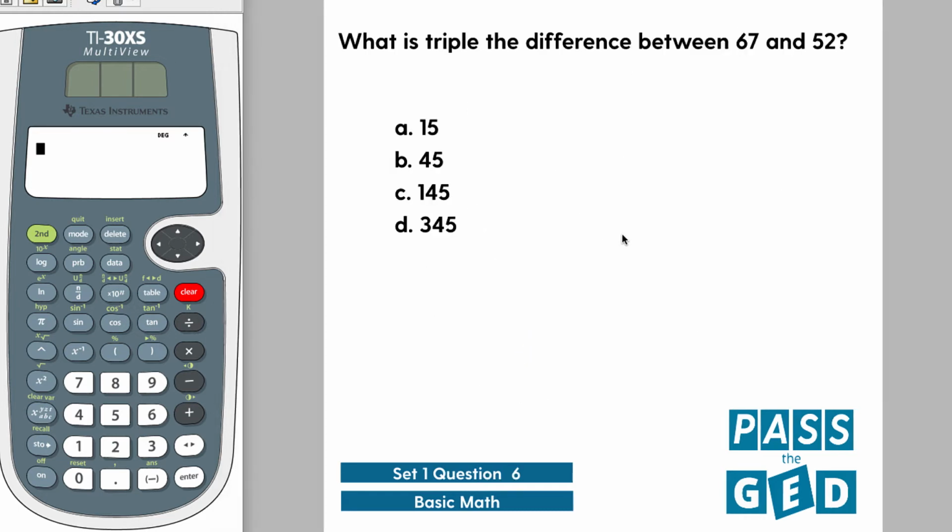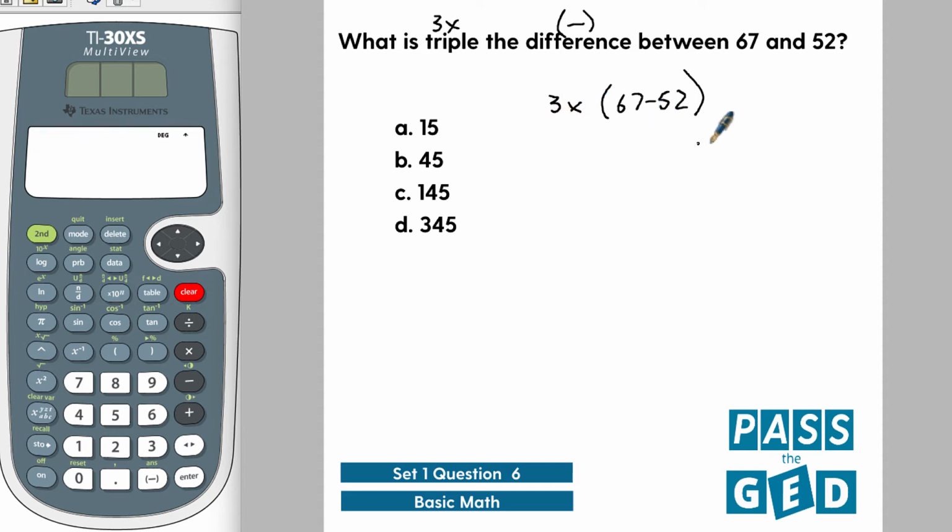What is triple the difference between 67 and 52? So triple means 3x, or 3 times. The difference means subtraction. So this is going to be 3 times the difference between 67 and 52. And we can put these in parentheses because we need to tackle this before we multiply it.